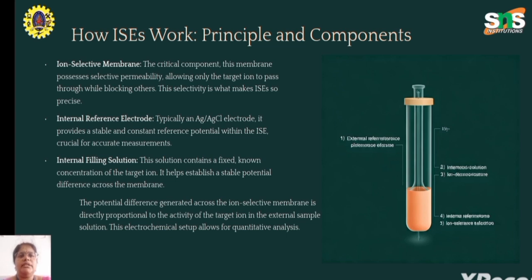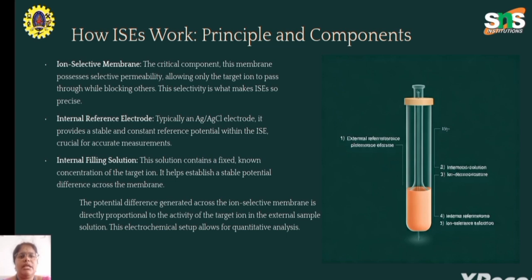There is an internal reference electrode and internal filling solution present in the ion-selective electrodes. Typically, the internal reference electrode is a silver chloride electrode. It provides a stable and constant reference potential within the ion-selective electrode, which is crucial for accurate measurements. The internal filling solution contains a fixed, known concentration of the target ion.